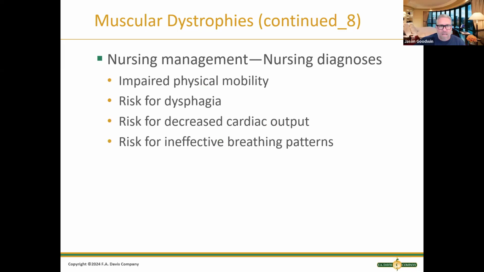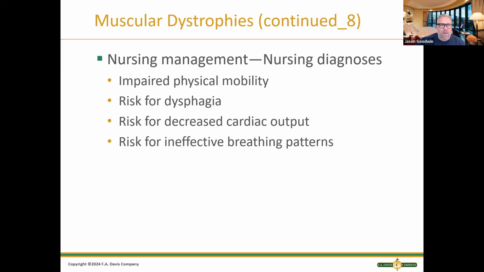So diagnosis for that: impaired physical mobility, right? That's associated with decreased muscle in the lower extremities as evidenced by an inability to walk independently. And then risk for dysphagia associated with decreased facial movement and/or seventh cranial nerve dysfunction.